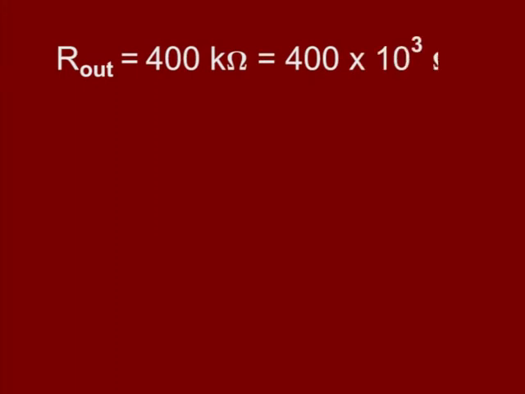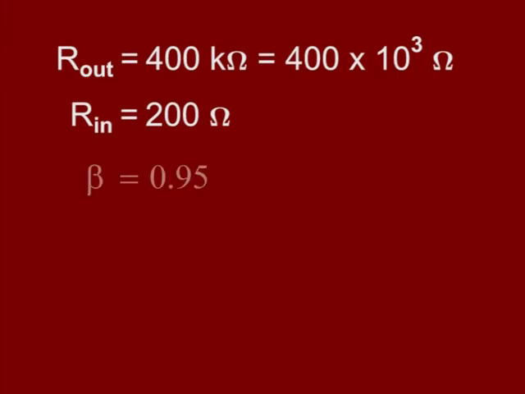Given here is R out equal to 400 kilo ohm, that is 400 into 10 raised to the power 3 ohm. Also, R in is equal to 200 ohm. The current gain of the transistor beta is 0.95.